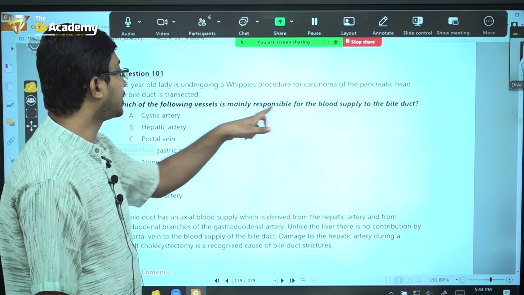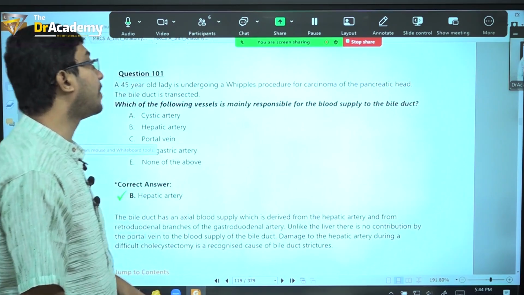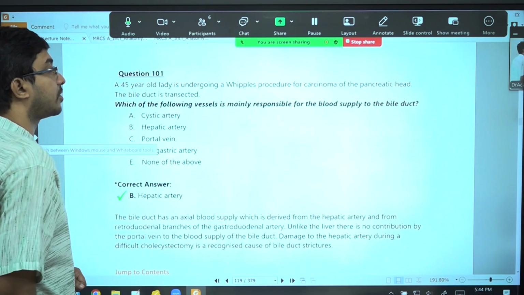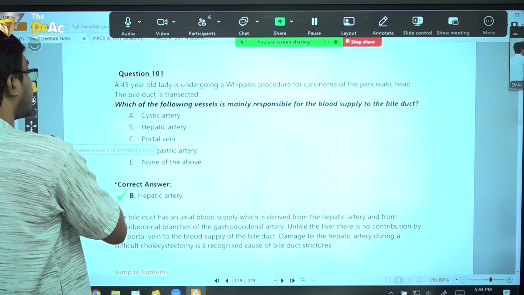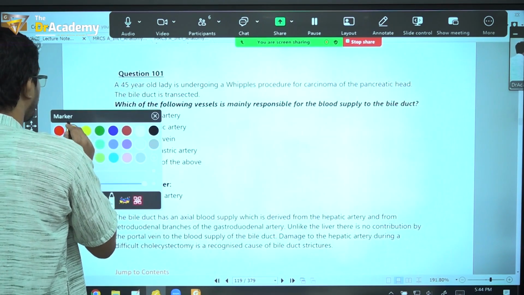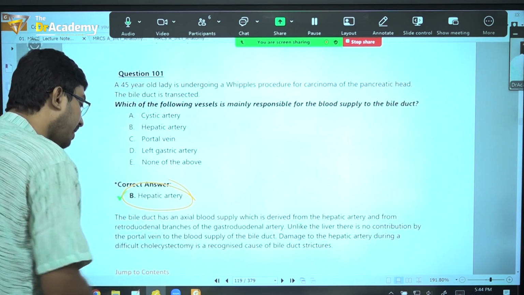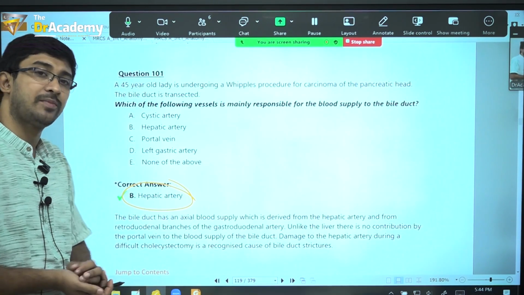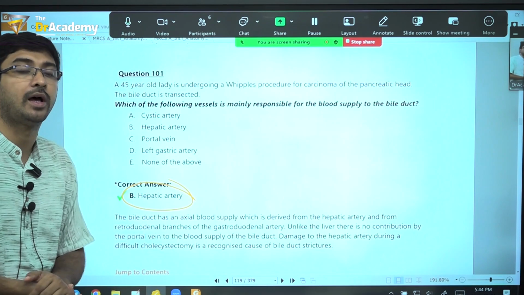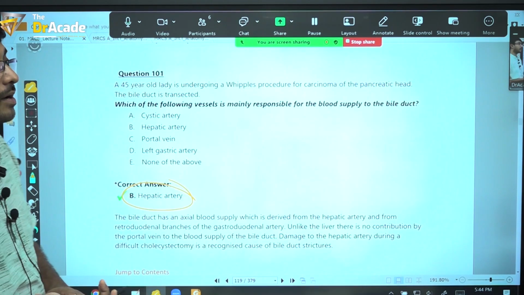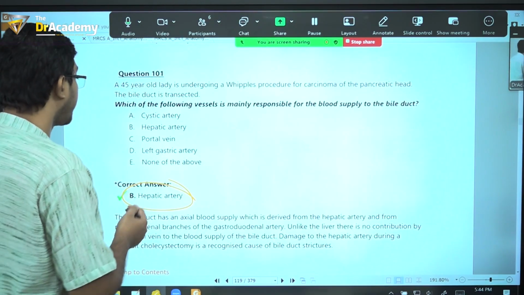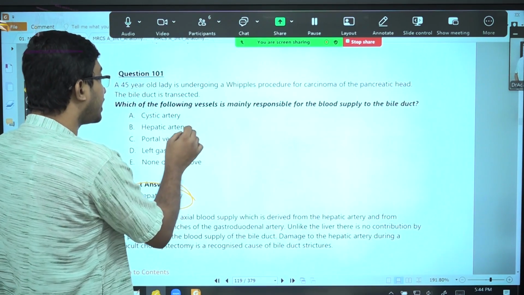Which of the following vessels is mainly responsible for blood supply to the bile duct? In Whipple's procedure for carcinoma of the head of the pancreas, the bile duct is transected. The main supply for the bile duct comes from the hepatic artery, but it gets its blood supply from a number of sources. The main branches are the retroduodenal branches of the gastroduodenal artery, which comes from the hepatic artery.